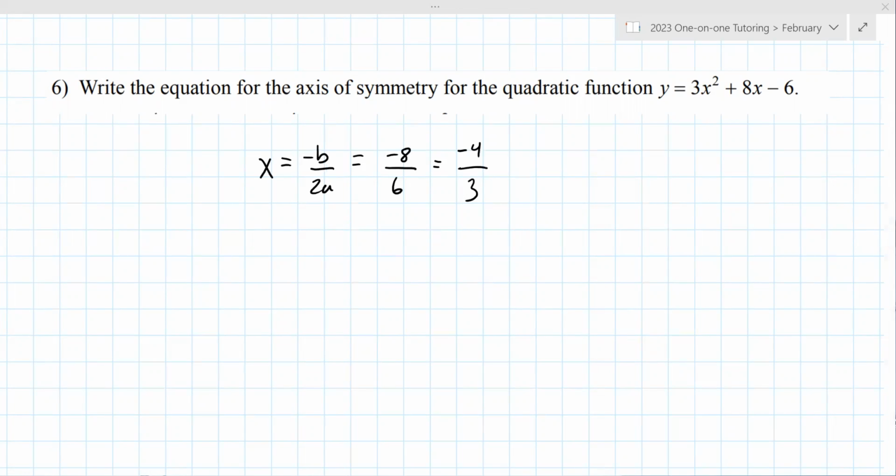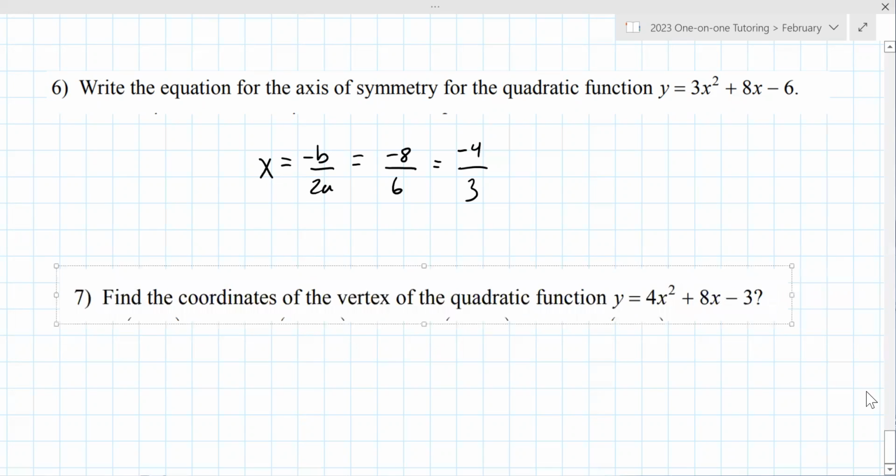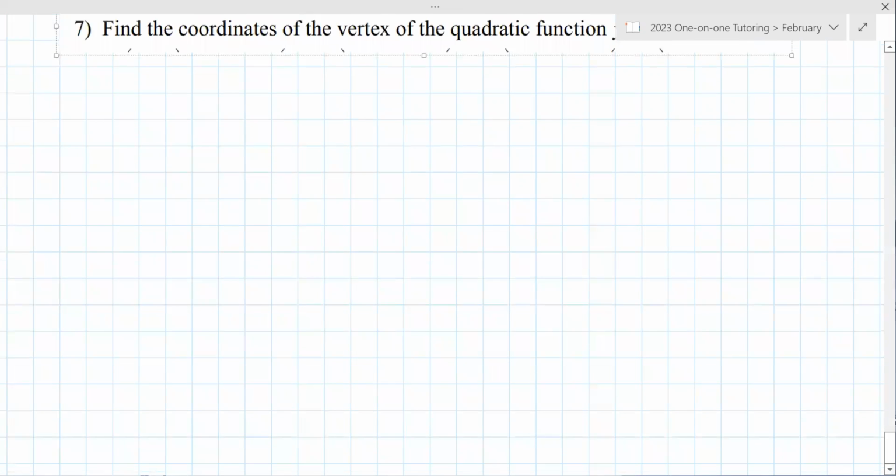All right, here is another one for you. This one's to find the full vertex. It's a different problem here. Find the coordinates of the vertex.